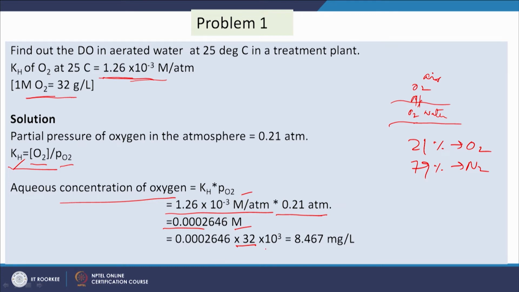To convert it into mg, we multiply again by 10 to the power 3. So this into 32 into 10 to the power 3 is equal to 8.467 mg per liter. This is the concentration of oxygen in the water. So now problem 1 is solved.